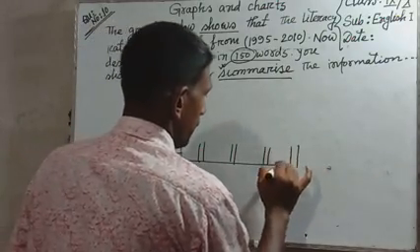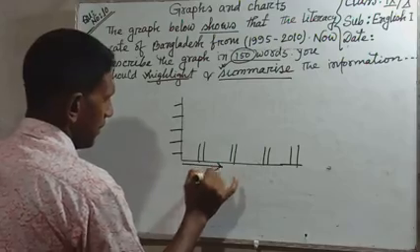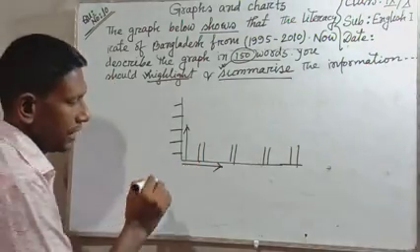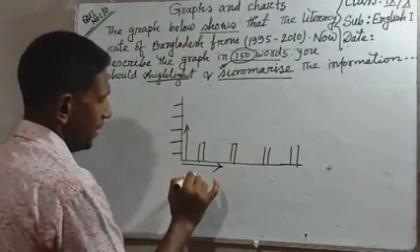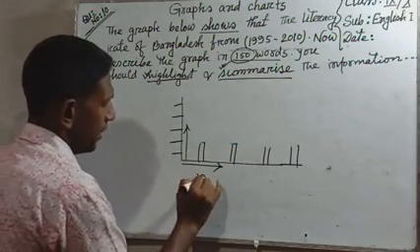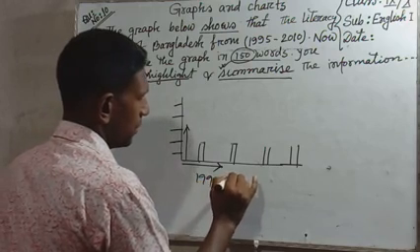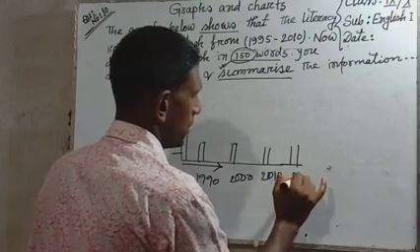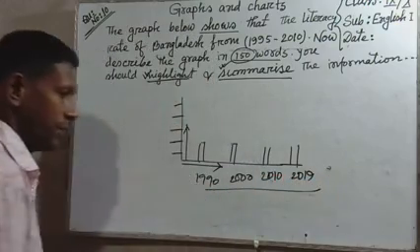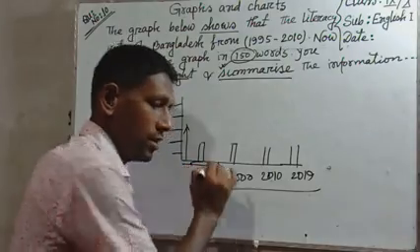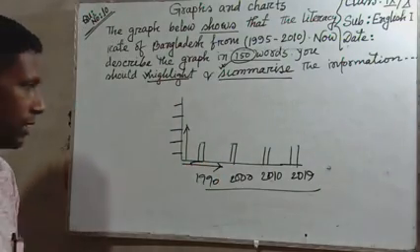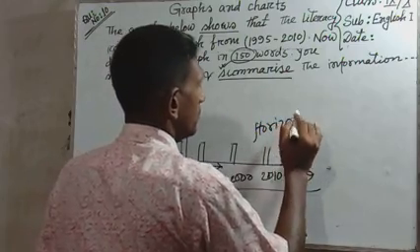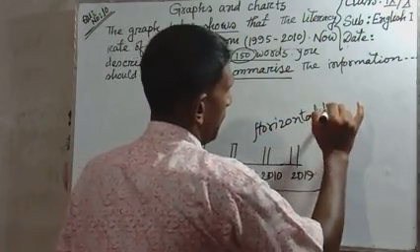Do you know? That's a line and that's a line. Most of the time you see here the years 1990, 2000, 2010, 2019. That is called the horizontal line.